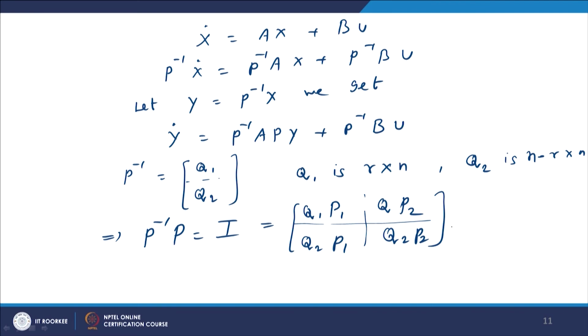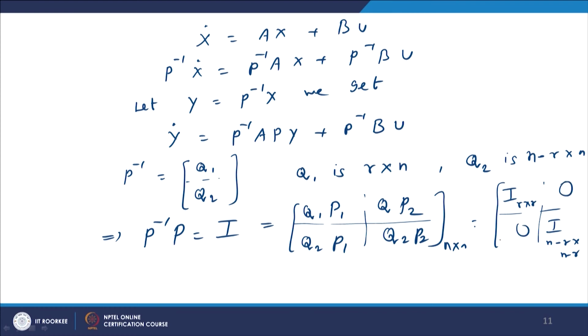Accordingly we can find the sizes of the others. The identity matrix is divided into an R cross R identity and an n minus R cross n minus R identity, and the remaining blocks are 0.